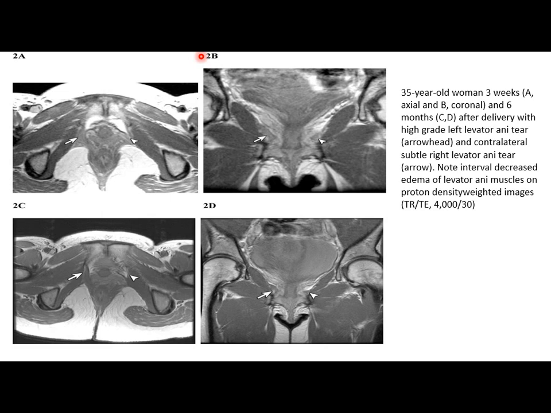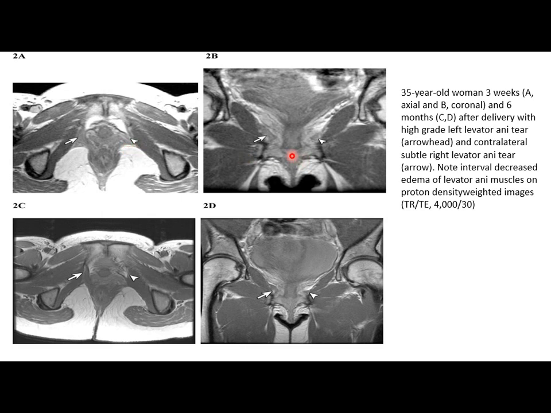This is T1, and this is T2, I think. Axial and coronal images show that this is the normal side and the left side is abnormal. Look for comparison in the abnormal signal intensity in the left puborectalis and levator ani muscle.